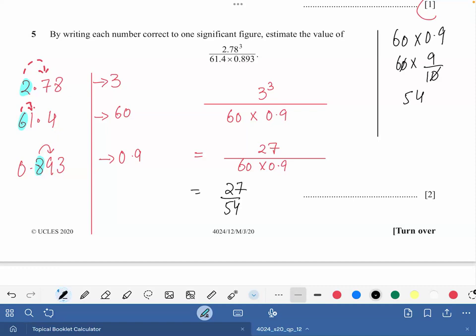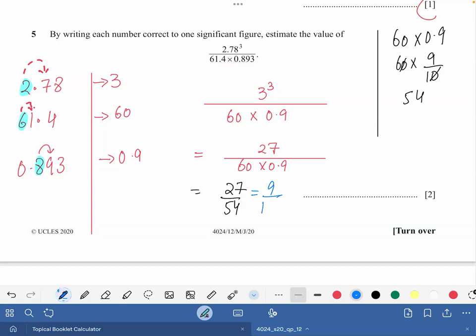But if you do not know these things, look at these numbers: 27 and 54. The upper number is odd but the lower number is even. Add the digits. 2 plus 7 is 9, and 5 plus 4 is also 9. It means that both of the numbers come in table 3. That's the hack to check whether a number is part of table 3 or not. So what you can do is 3 times 9 is 27, and 54.